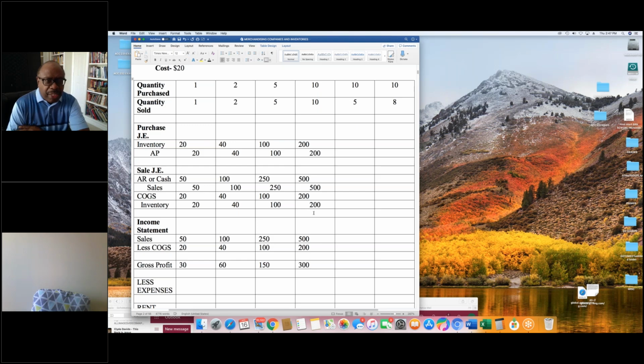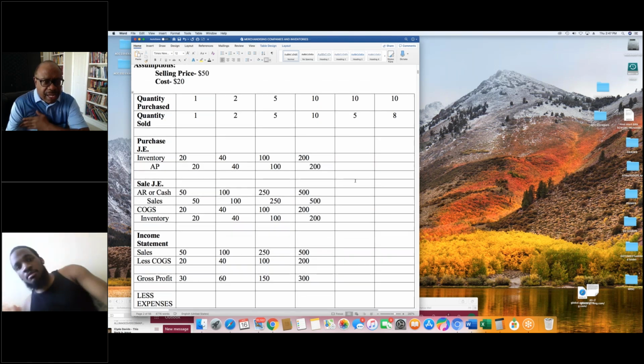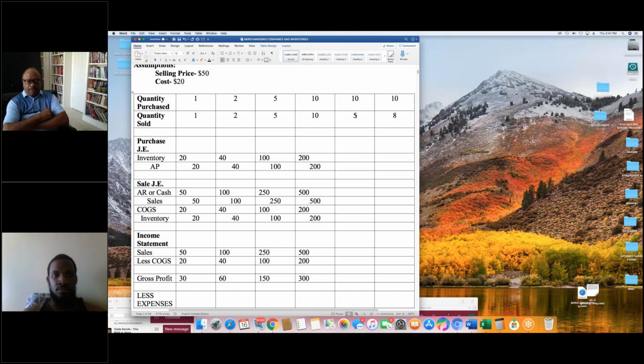Okay, let's go to our next example where we purchase 10 pairs of shoes, but we only sell 5. If you think about it, you never go in a shoe store or go online when they don't have inventory. So most times we're going to buy more than we sell.